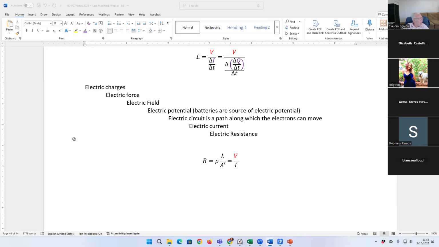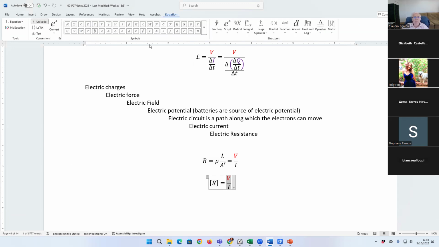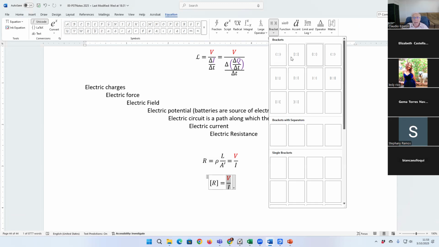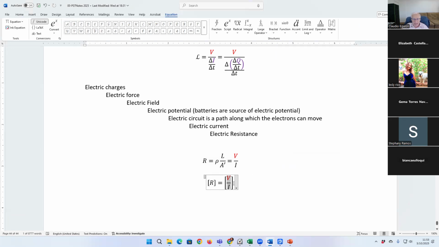Okay. And by the way, before we go to the break, let me tell you about the unit of the resistance. The unit of resistance can be found by using Ohm's law, okay? It's easier. So it's going to be the unit of V divided by the unit of I. The unit of V is the volts.